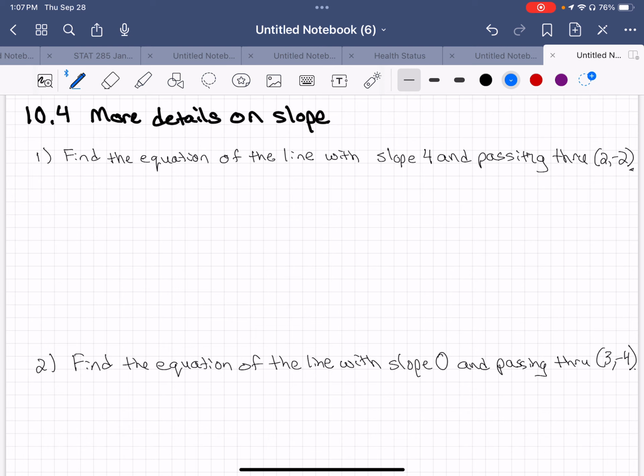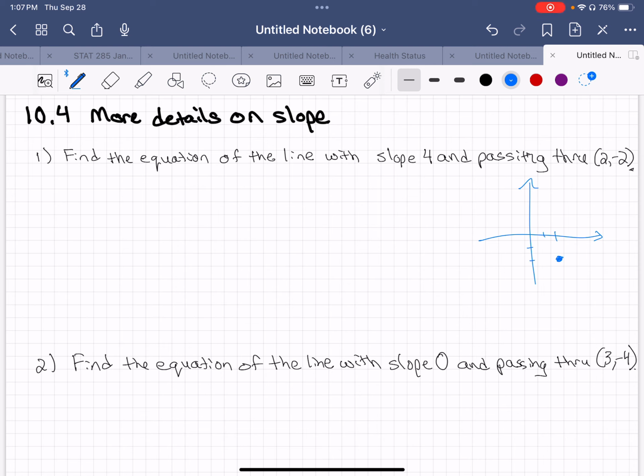So first example, find the equation of a line that has slope 4 and goes through the point (2, -2). We did something like this in the last section, but let's review. First I want to quickly sketch it in order to check my answers. I'm going through (2, -2), so 1, 2, -2.